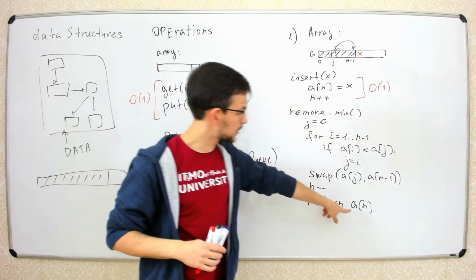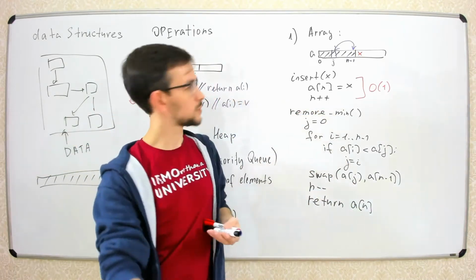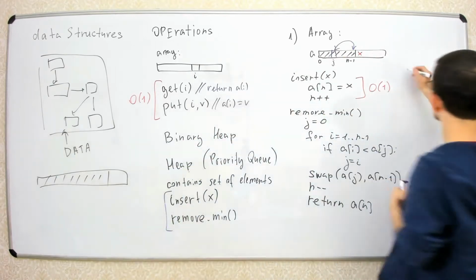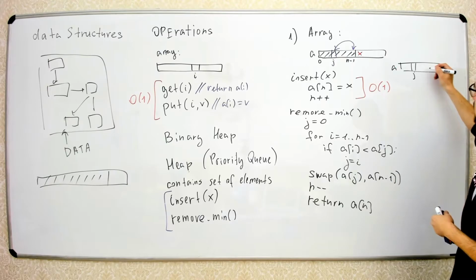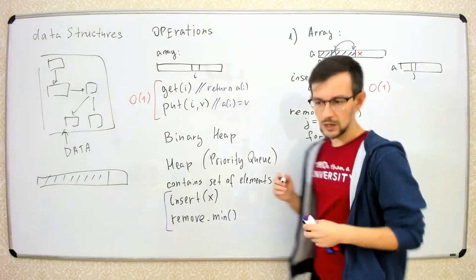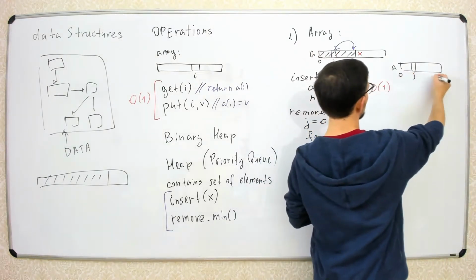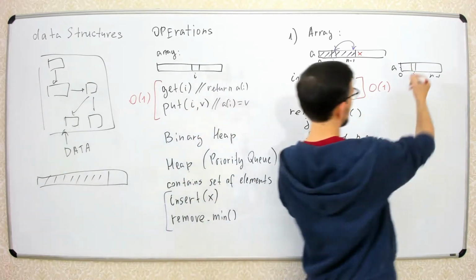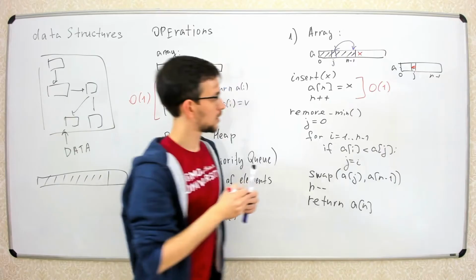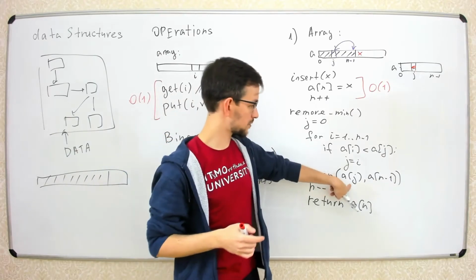Why do we return a n? Because we decreased n. So let me show here. We had array A. Here we have element j, and we had elements from 0 to n minus 1. So this was the minimal element. Now we swapped this element with the last one.